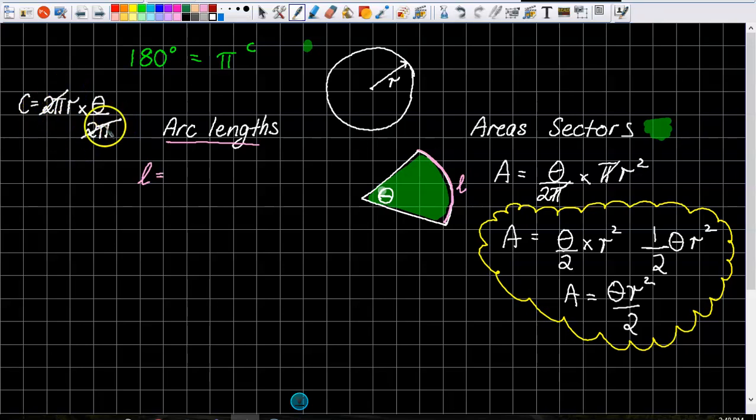The 2 pi upstairs, the 2 pi downstairs, and that's why our arc length is going to be radius times theta, or theta times radius. I bet they'll have theta times radius in the book, but anyway.